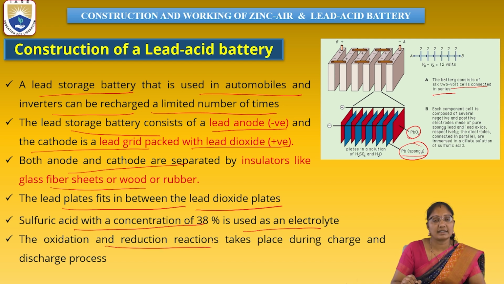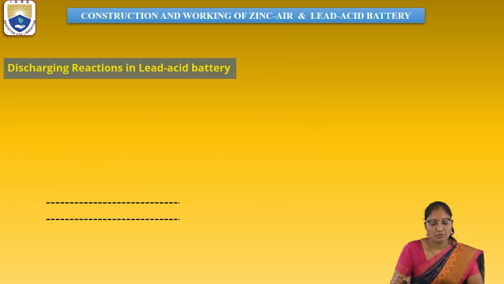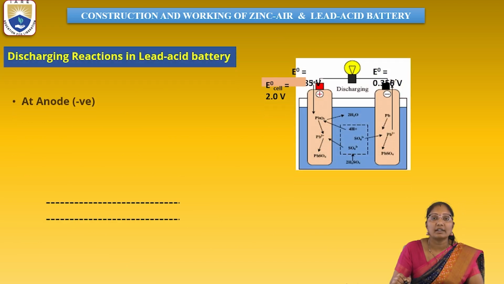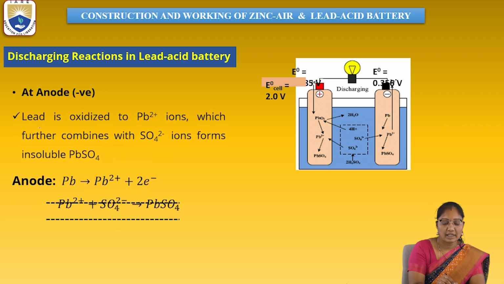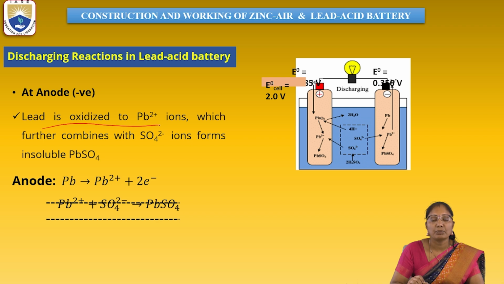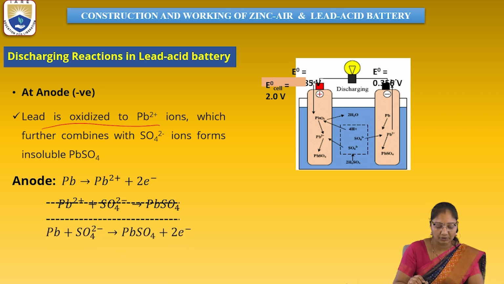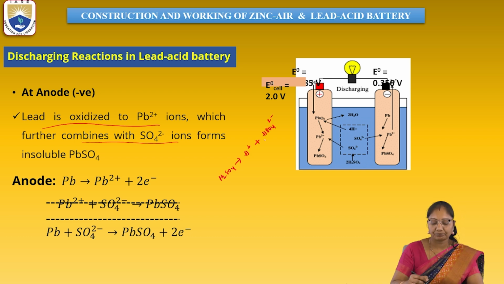The oxidation and reduction reactions take place during the charge and discharge process. So what are the overall reactions that happen in the lead acid battery? Coming to the anode, lead is first oxidized to Pb2+ with the release of 2 electrons, which further combines with SO4 2- ions. H2SO4 dissociates into H+ and HSO4-.